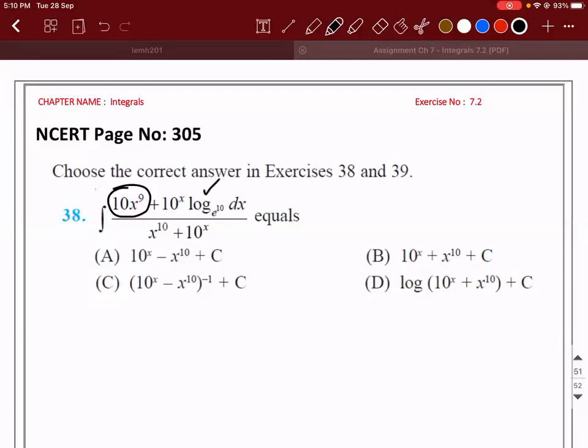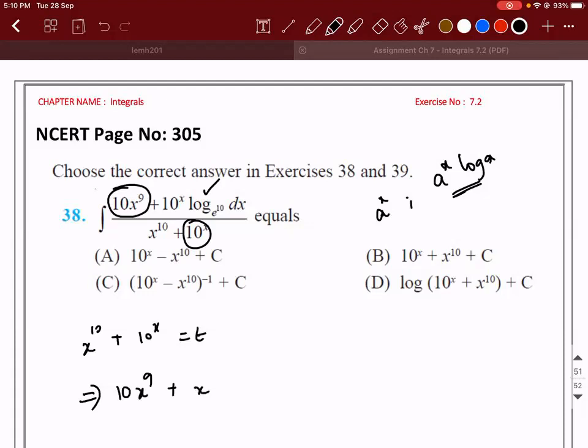Derivative of which function will give you a power x log a? That is the derivative of a power x itself. That is 10 power x. So x power 10 plus 10 power x, if I take it as t, then 10x power 9 plus 10 power x times log of 10 base e is equal to dt. So this whole thing times dx is equal to dt.